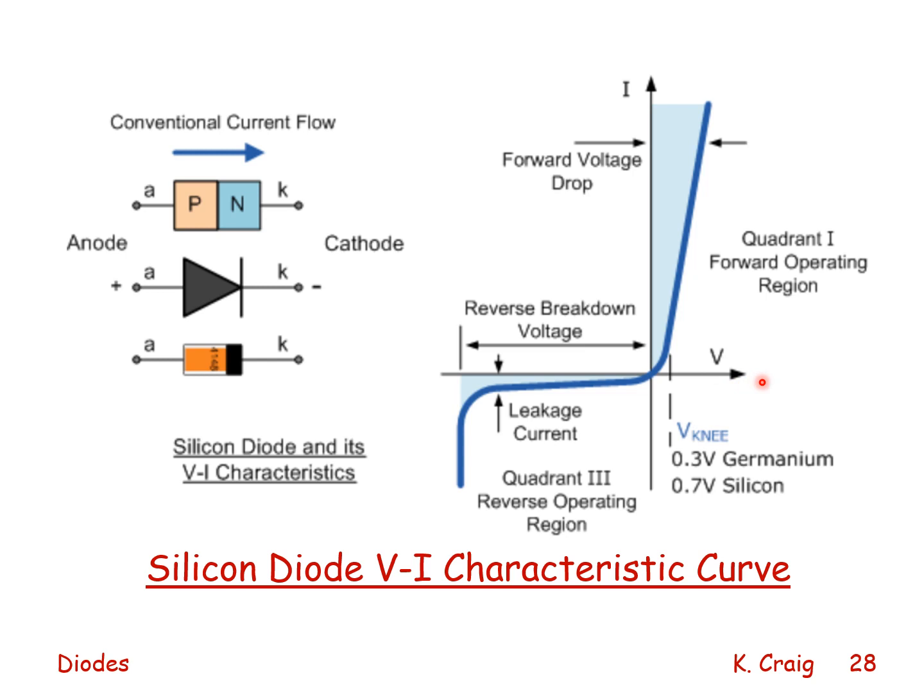When it is forward biased, we get a voltage drop of 0.3 volts for germanium, 0.7 volts for silicon, a threshold voltage before it will actually start to conduct current. And in the reverse bias direction, there is only leakage current until the voltage gets exceedingly large in the negative direction.